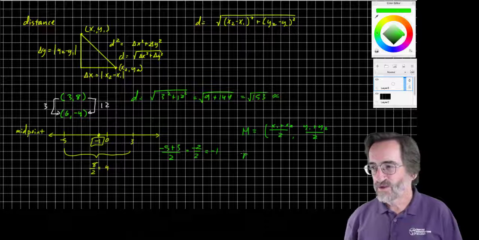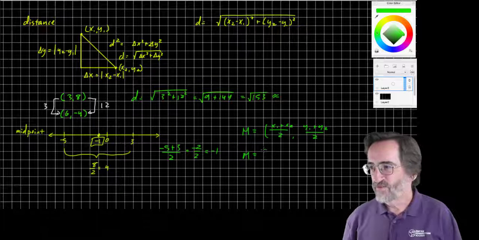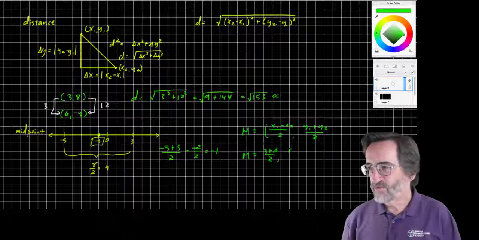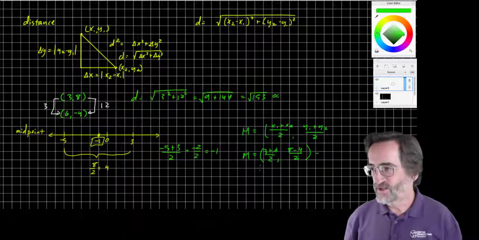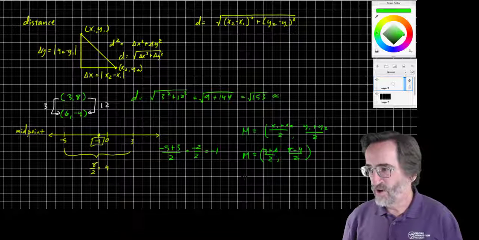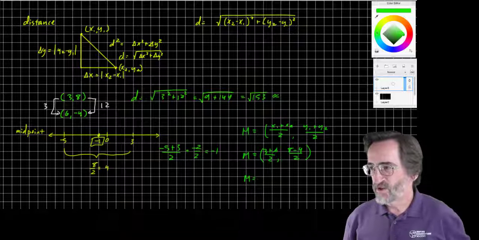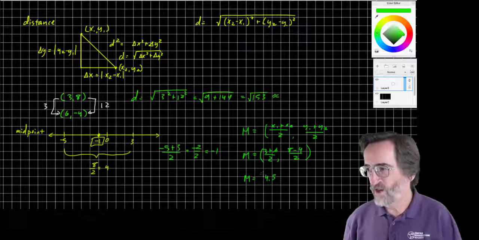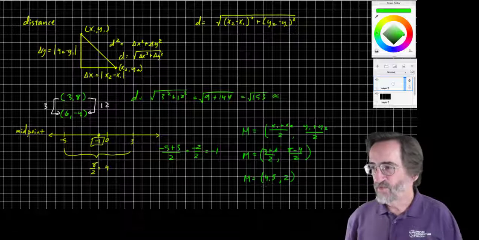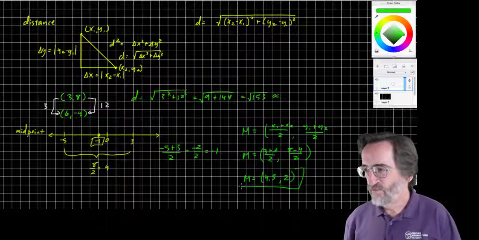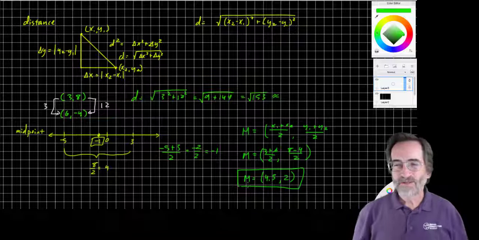So the midpoint in this case is 3 plus 6 divided by 2, comma, 8 plus negative 4, or 8 minus 4, divided by 2. That gives us the midpoint: 3 plus 6 is 9. 9 divided by 2 is 4.5. 8 minus 4 is 4. 4 divided by 2 is 2. And there's the midpoint.